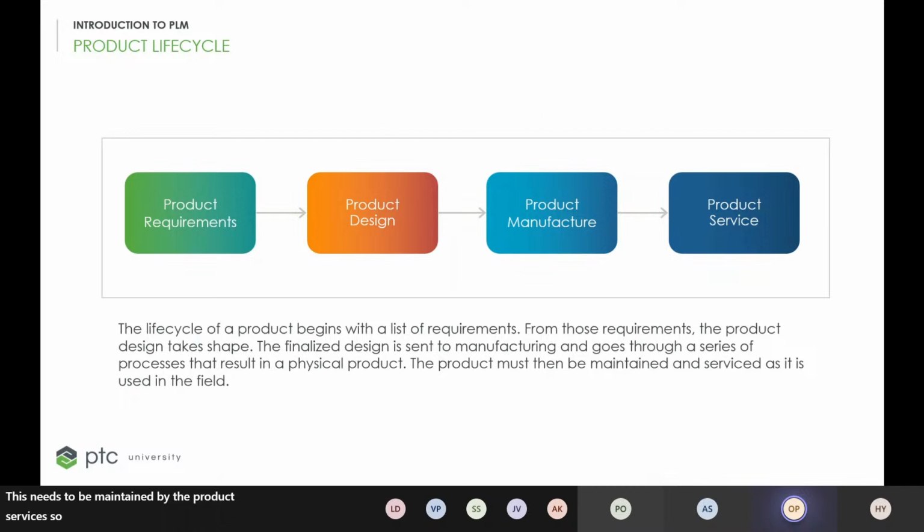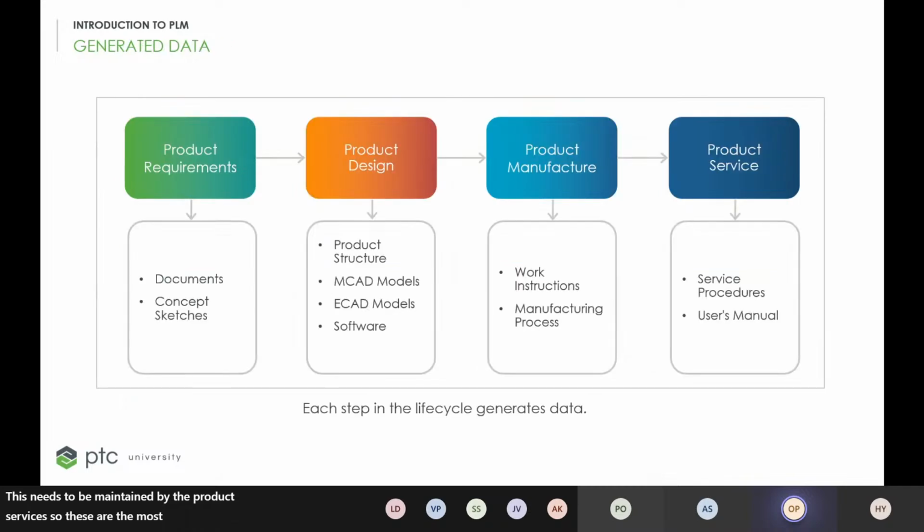So these are the most important milestones, and for each of them, we generate data. What type of data? Product requirements. Over here, we can discuss documentation and sketches. Product design, we talk about models, mechanical CAD models, electrical CAD models, software, and an entire engineering bill of material represented by the product structure.